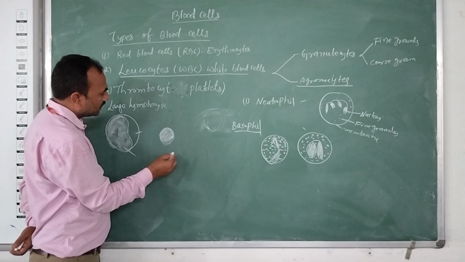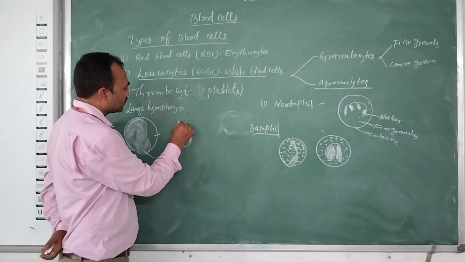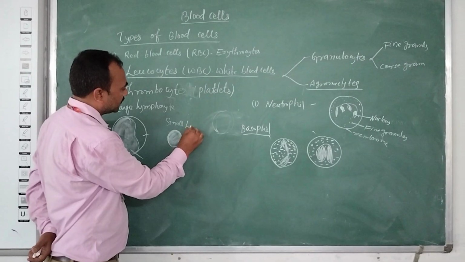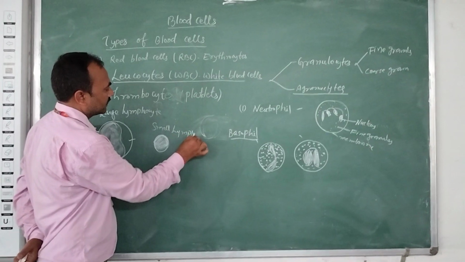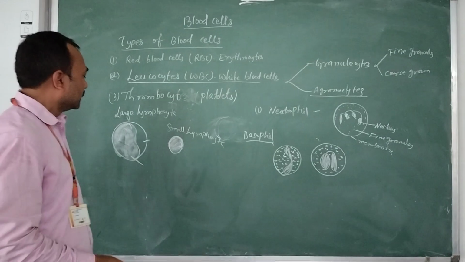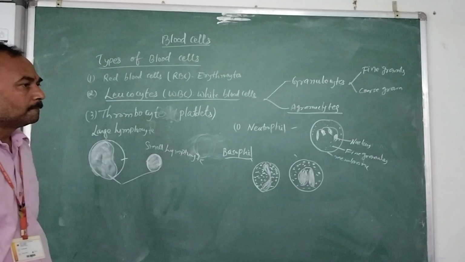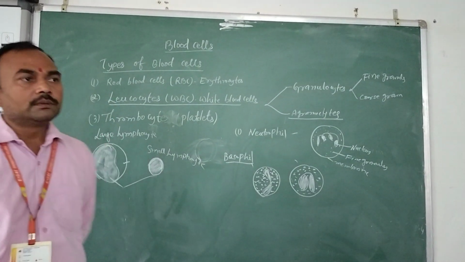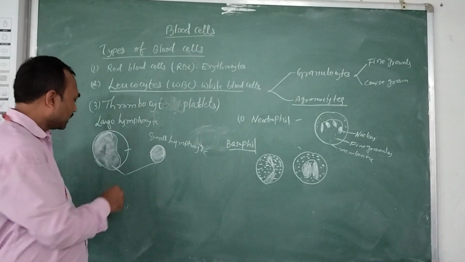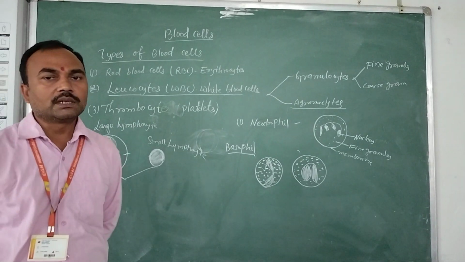That is called a small lymphocyte. Its contribution in the WBC is 25 to 35%. Once the number is increased, we consider it a pathological condition.